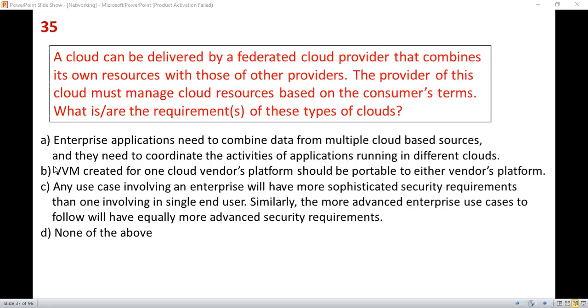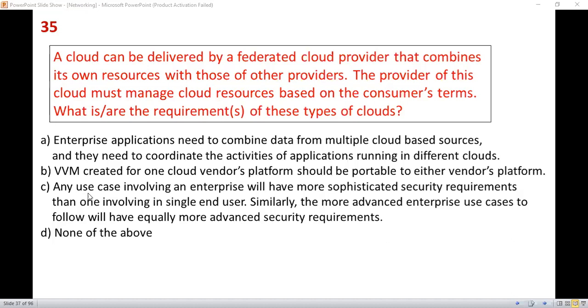If we are talking about the second option, you can see VM created for one cloud vendor's platform should be portable to another vendor's platform. And the third option is any use case involving an enterprise will have more sophisticated security requirements than one involving a single end user.